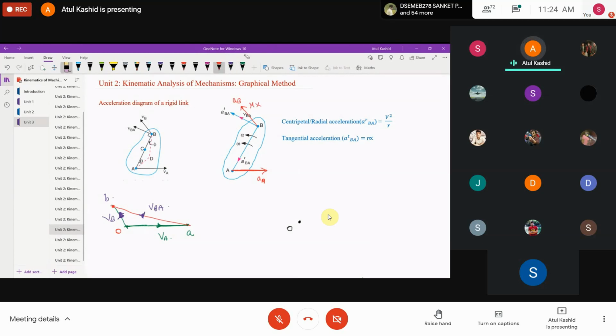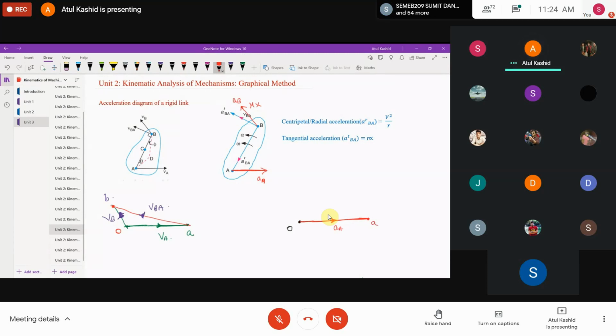So we are starting from the point A, and I will draw a line. Okay, so this is my point A now, right? And this is the acceleration of the point A. So this is the first thing I'm going to do.